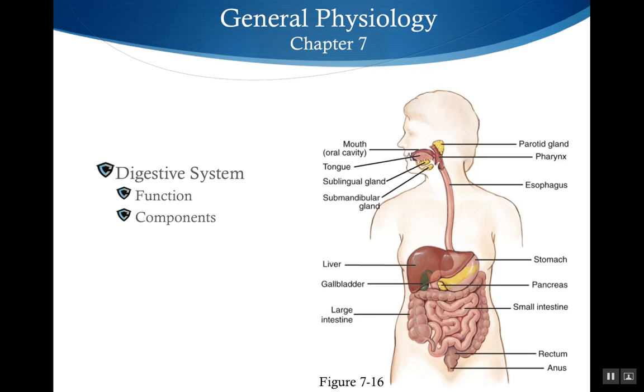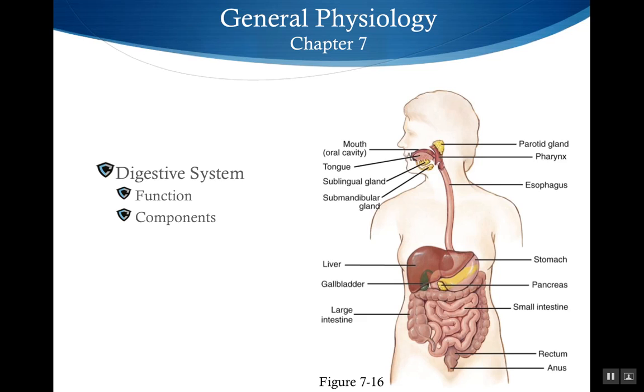So not only in digestion do you have the mouth, the esophagus, and the stomach, but you also have the liver, the gallbladder, and the pancreas that are involved in digestion. Now, the liver is the largest of the internal organs and has many functions.